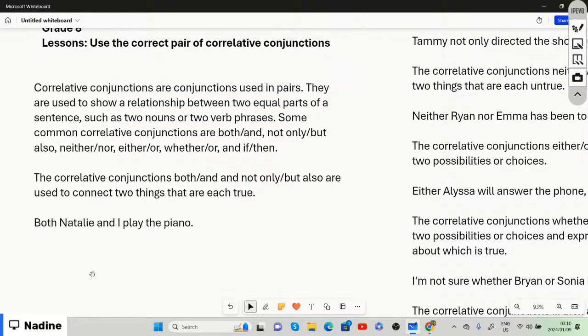So now we're basically going to break down each one of the correlative conjunctions.